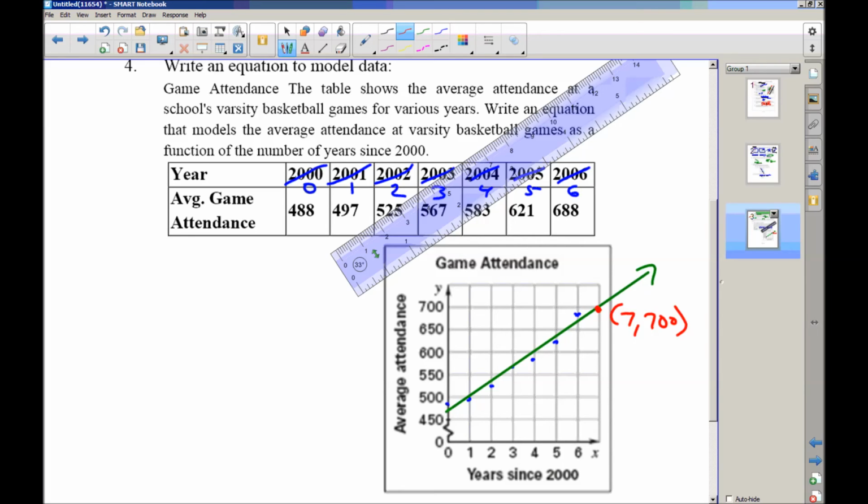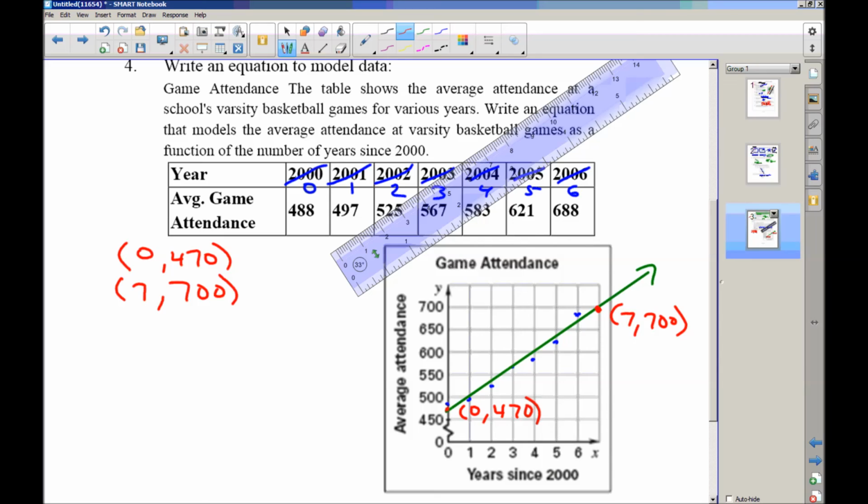It looks like at year 0, we're a little below 425, so I'm going to call that year 0 and 470. Okay, so here I'm eyeballing 2 points, as close as I can get them. So I'll take these 2 points, 0 and 470, along with 7 and 700, and we're going to make an equation out of it.